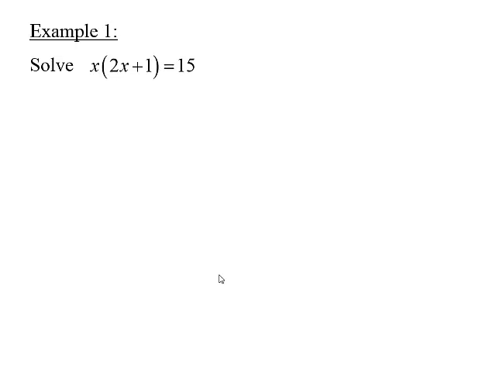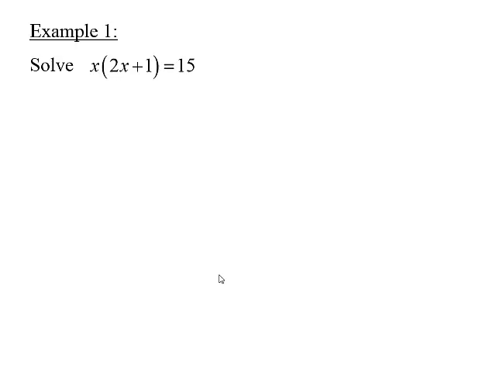So let's look at some examples. The first example is to solve x times 2x plus 1 equals 15. This equation is not in the form for us to apply the zero product property.